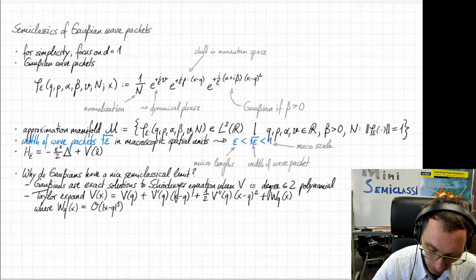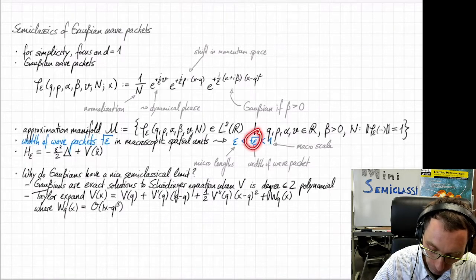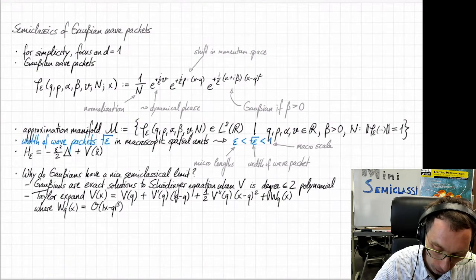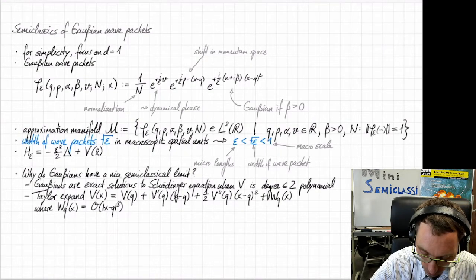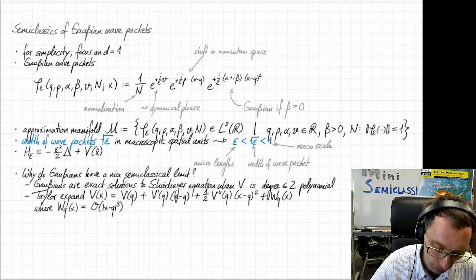And because the width of the wave packet is small on the macroscopic scale, the potential does not appreciably vary over the width of the wave packet, at least if you choose epsilon small enough. And so this remainder term is expected to be small, right? Because Gaussians have super exponential decay.